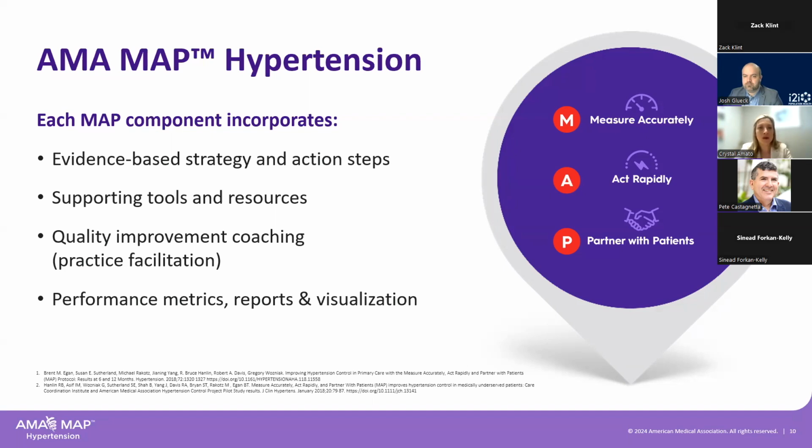So that's that one-to-one coaching to organizations and implementation support. And of course, performance metrics, reports, and dashboards. And these metrics have been integrated within I2I tracks and are accessible to you today. Next slide.